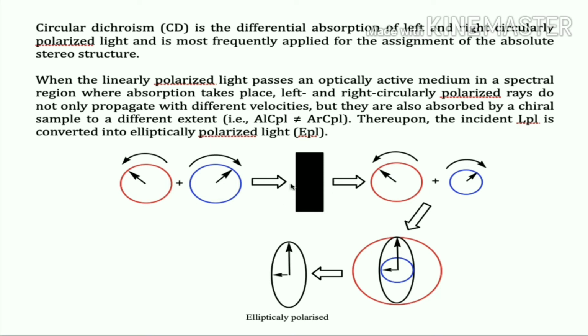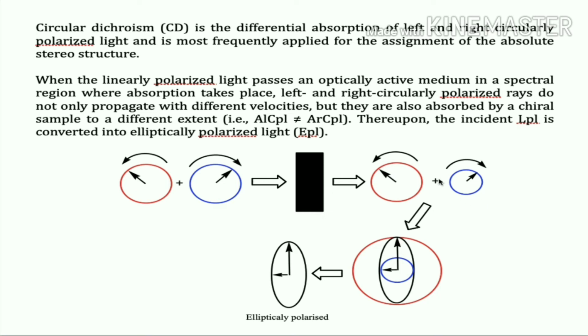These are the two circularly polarized lights, left circularly polarized light and right circularly polarized light. Whenever this is passed through an optically active medium, one of the lights may get absorbed and its velocity is also decreased. Here in this case, right circularly polarized light has been absorbed and its velocity has been different. So there is a difference in the absorption of left circularly polarized light compared to the right.